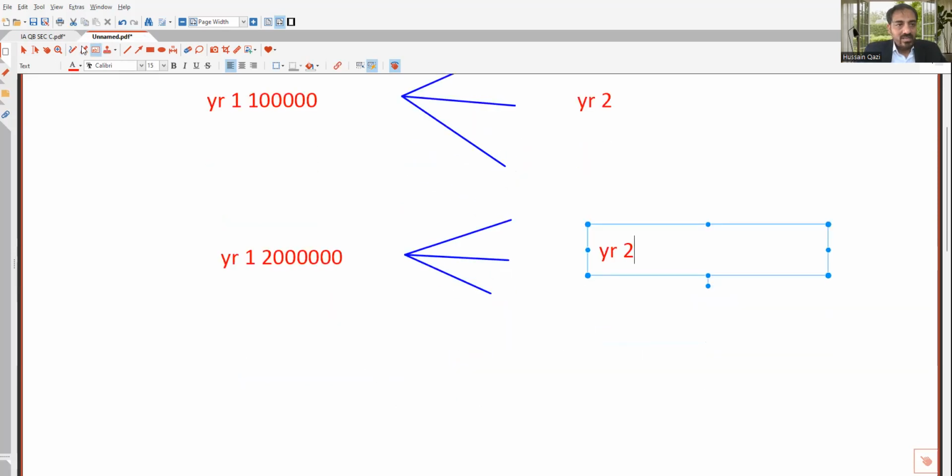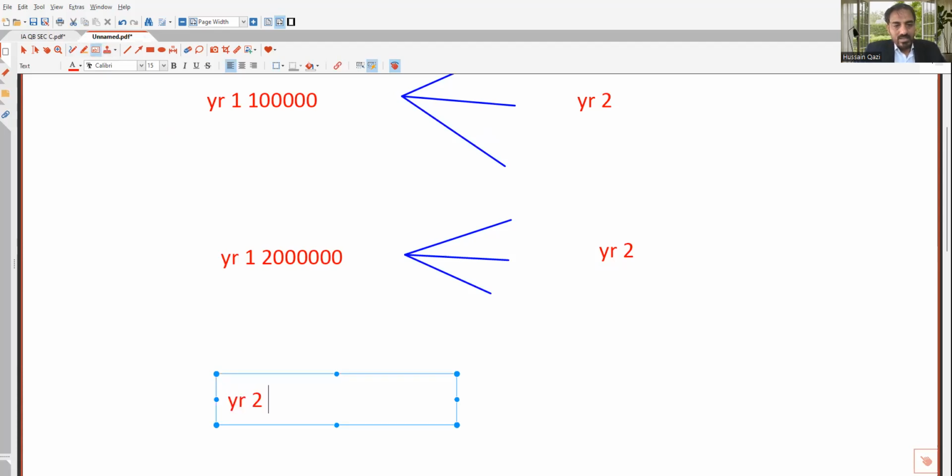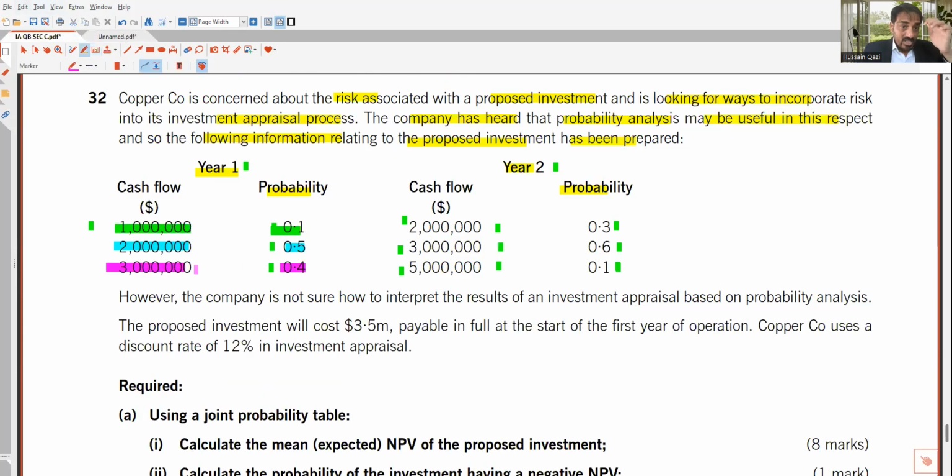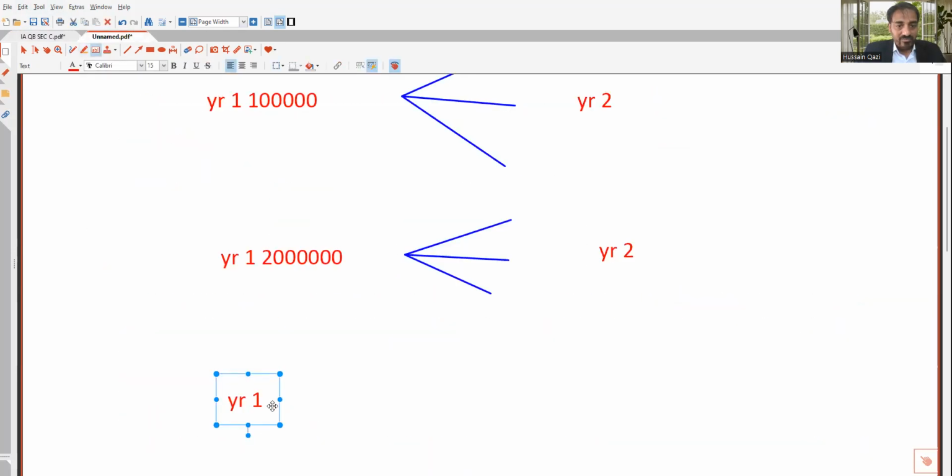Same case, if year 1 has 3 million cash flows, that's a 40% chance, once again, there are three possibilities.